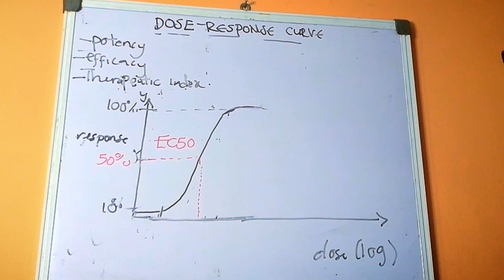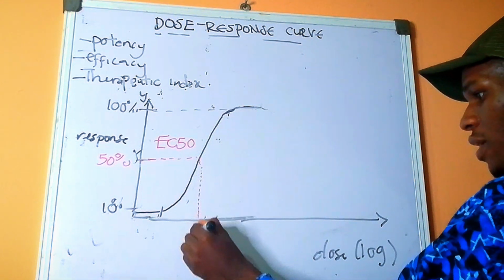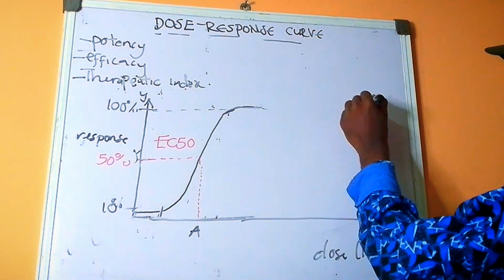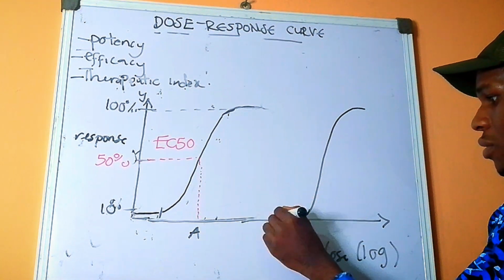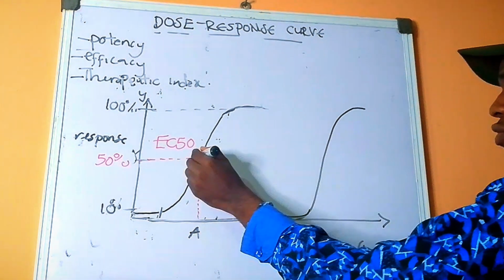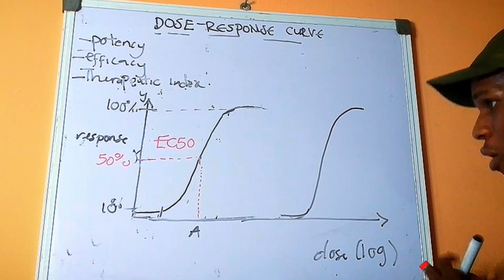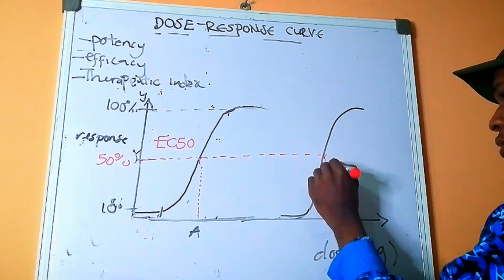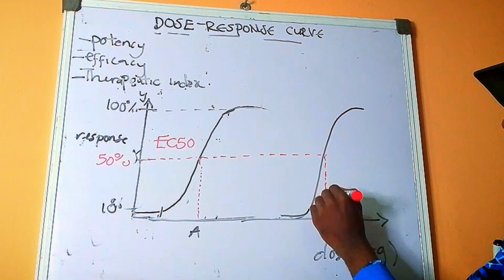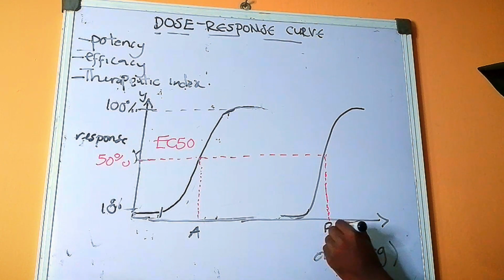Let's say this is for dose A, and I have another sigmoid curve at different concentration for dose that will still produce the same 50% response in a given population, for dose B.